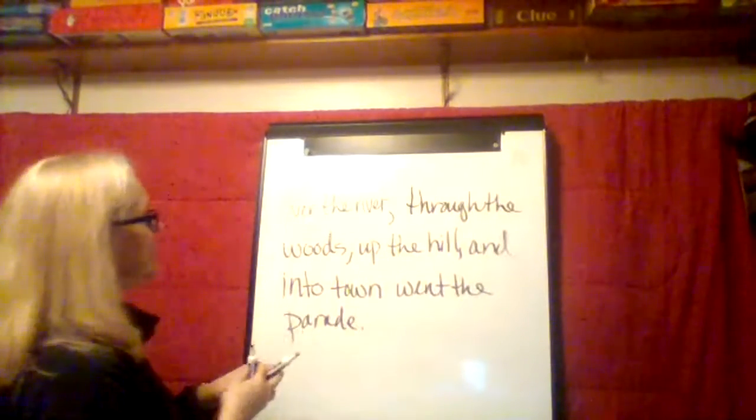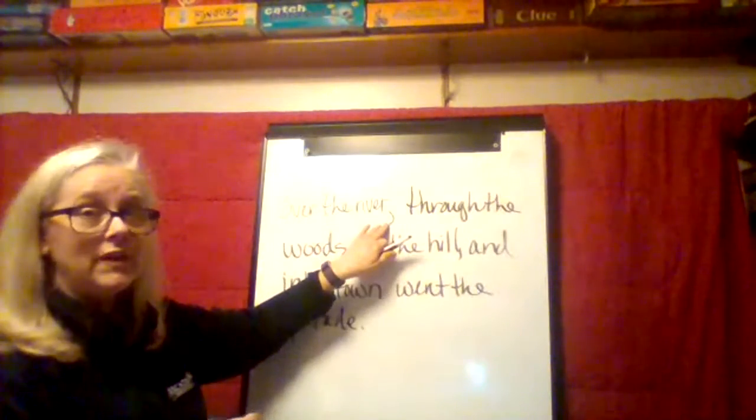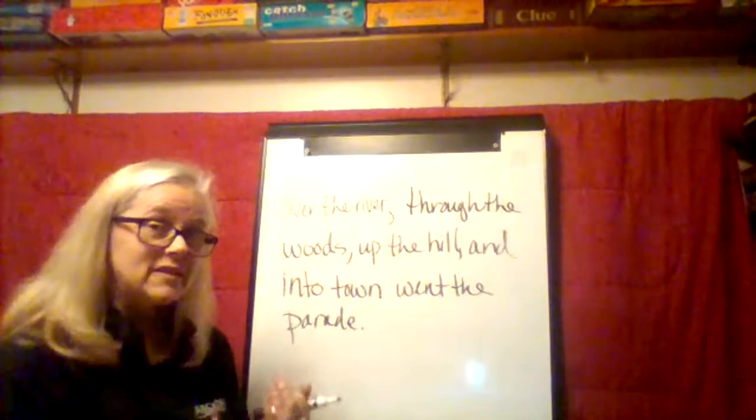Here my list is a bunch of prepositional phrases, and I will put a comma between each one because I have more than 2. So that's the rule for a list.